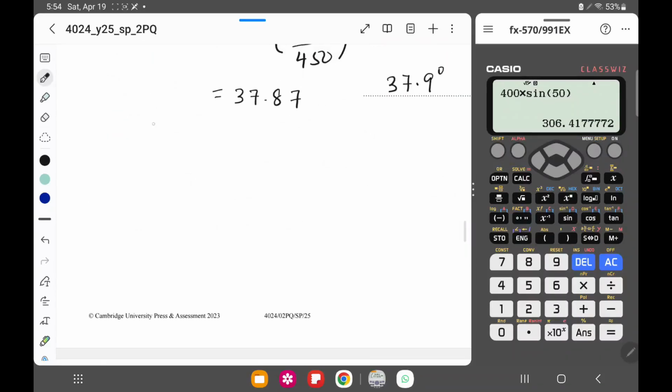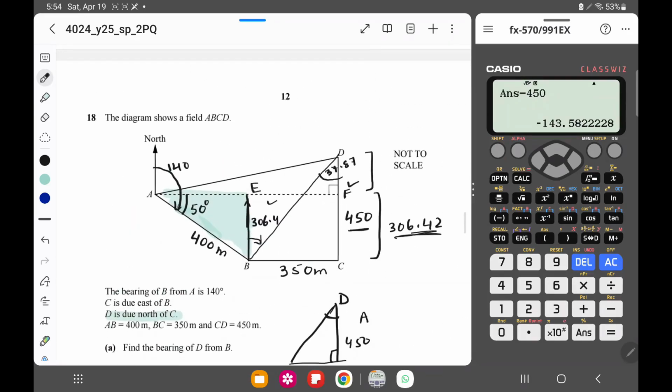So DF is equal to 450 minus 306.42, that is equal to 143.58 meters. This much is equal to 143.58 meters.